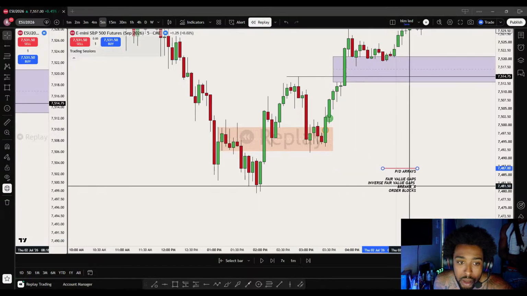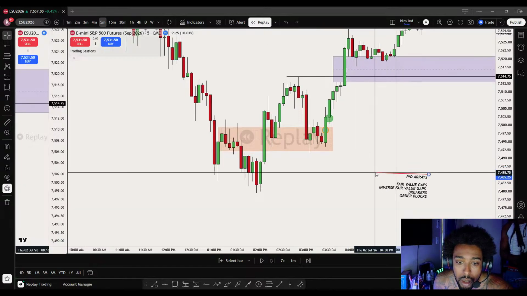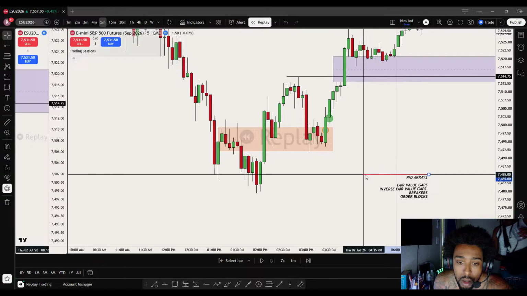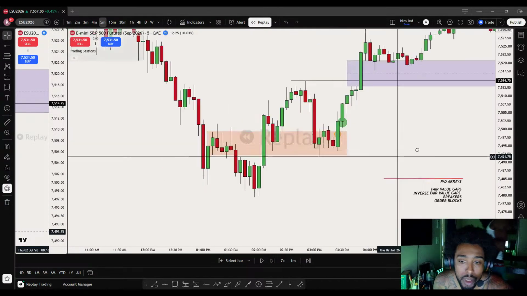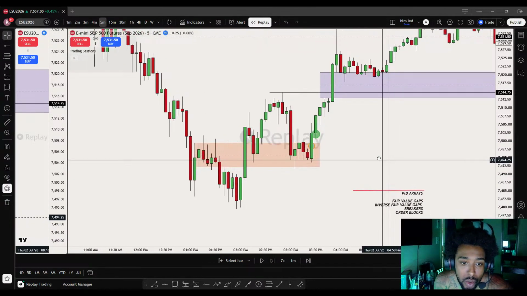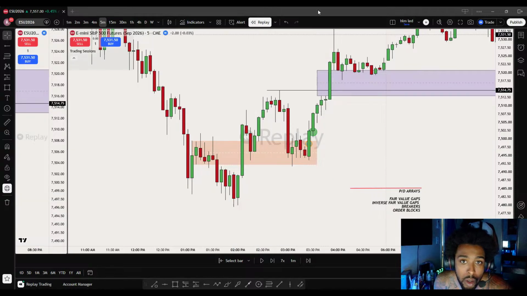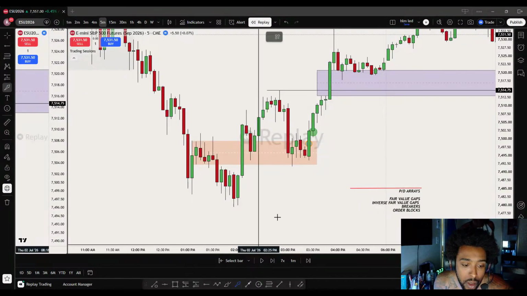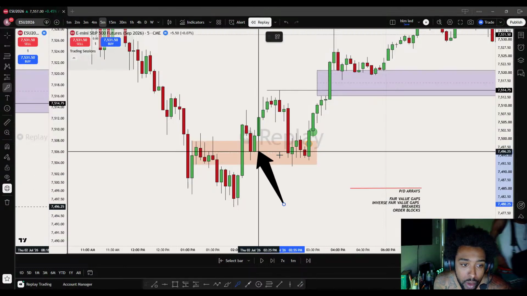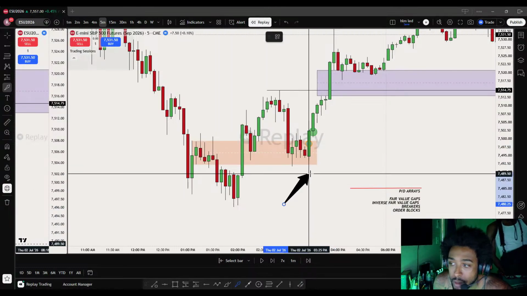Is it the last two red candles? Let's see. She said the last two candles right here. Where's the arrow? All right, hold on. You said right here, or right here, or right here? Are we talking here?